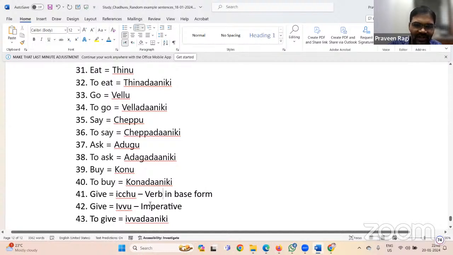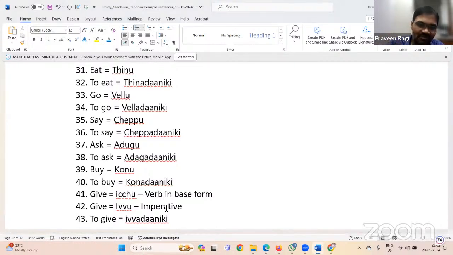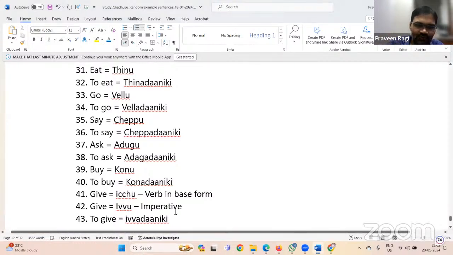But in spoken language, many times we use the imperative form. If you want to ask someone to give something, you will say, give me the book. In such a case, the meaning will be ivvu. But some of them sound the same in V1 and imperative form. But let's see the example sentences.